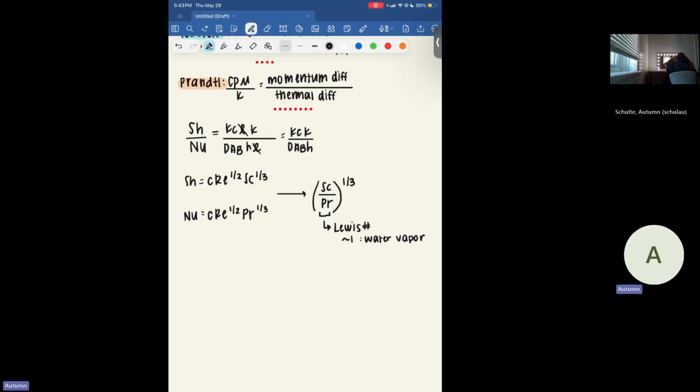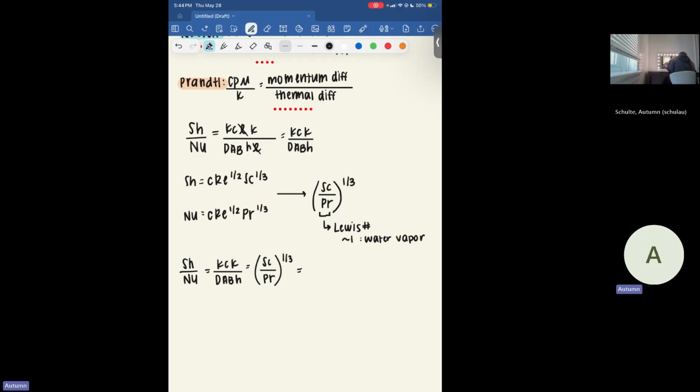So now if we put these together, we have that the Sherwood number divided by the Nusselt number is equal to the mass transfer coefficient multiplied by the thermal conductivity divided by the diffusion coefficient multiplied by the heat transfer coefficient. That is equal to the Schmidt number divided by the Prandtl number to the power of 1/3, which we said was the Lewis number.